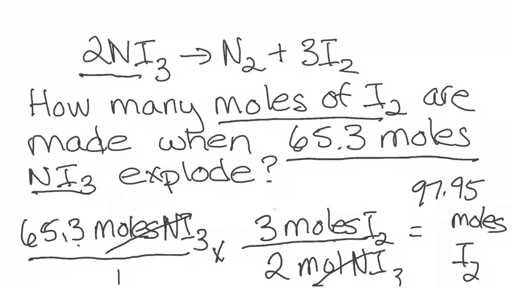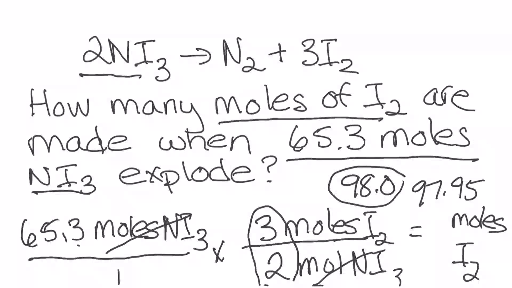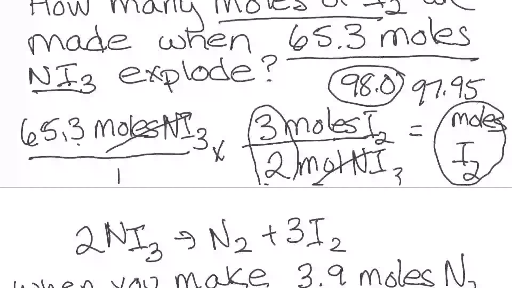These don't count for the significant figures because these are exact numbers. So I have 3 significant figures, 97.95, so I have to round up. So that gives me 98.0 moles of iodine. All right, so there you have it. Let's try one more, and I think you'll get it.